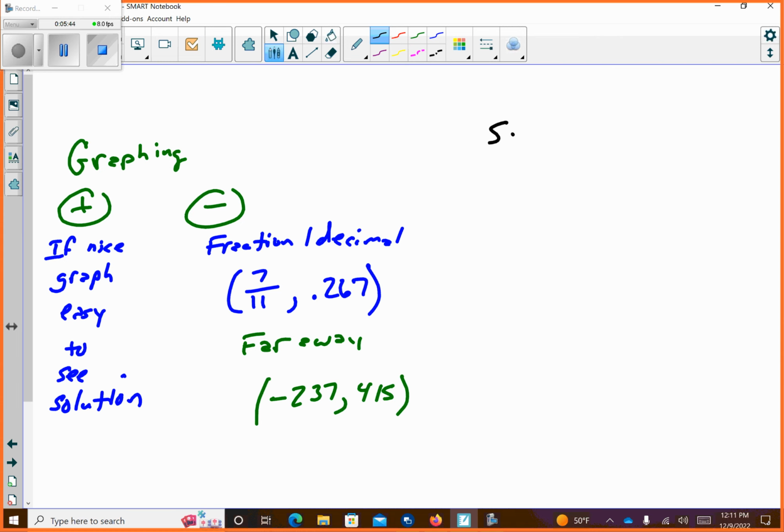Then we did substitution. Substitution is nice when it's easy to have a letter alone.